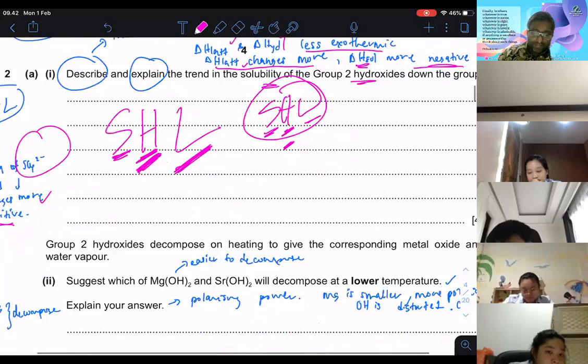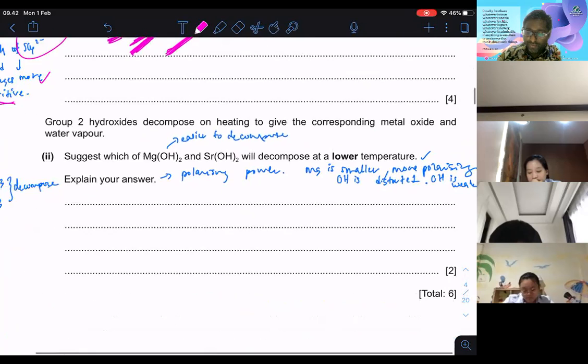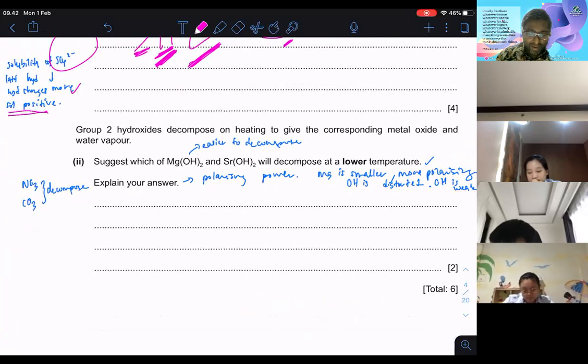Next, group 2 hydroxides decompose on heating to give you the corresponding metal oxide and water vapor. Here they are asking which one will decompose more easily, magnesium hydroxide or strontium hydroxide.